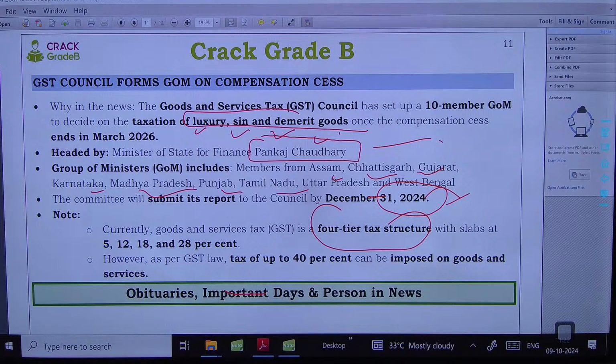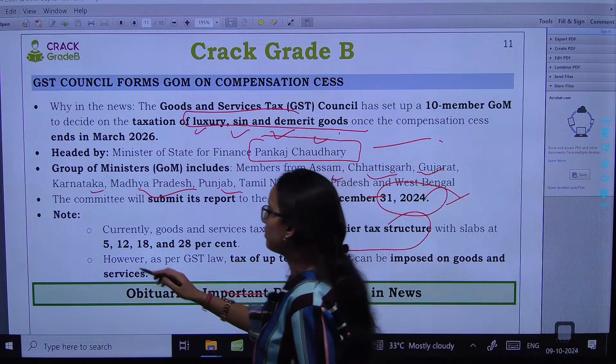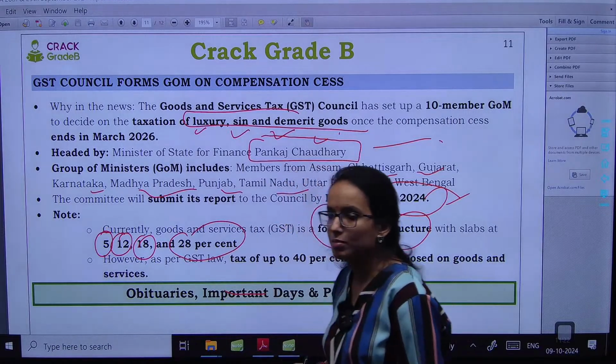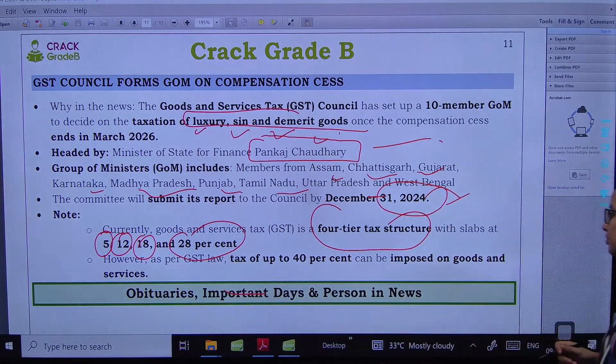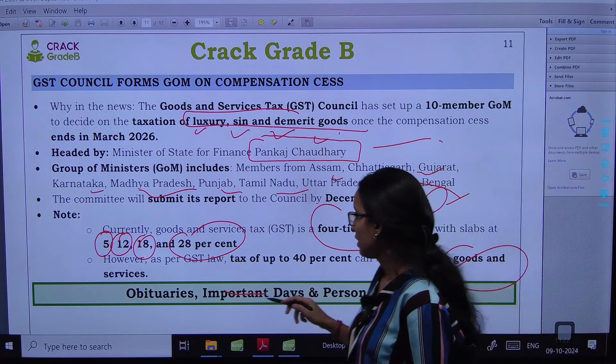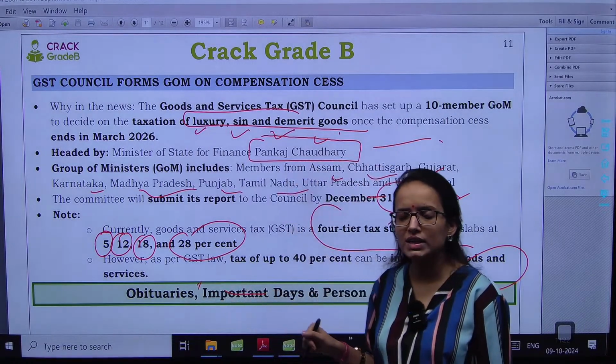So these are the tax slabs which you have presently: 5, 12, 18 and 28%, remember. However, also remember, as per the GST law, tax up to 40% can be imposed on goods and services. But then 40% is quite higher.